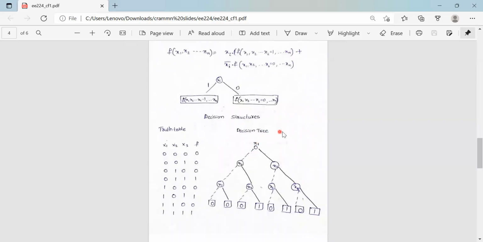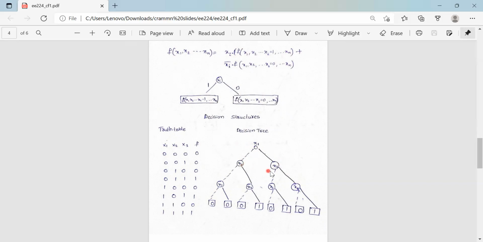We can draw a tree for an expression. For the first variable, the solid line we will take as 1, and the dotted or dashed line we will take as 0. When xi is taken as 0, this is one branch, and when it is taken as 1, this is the other branch.